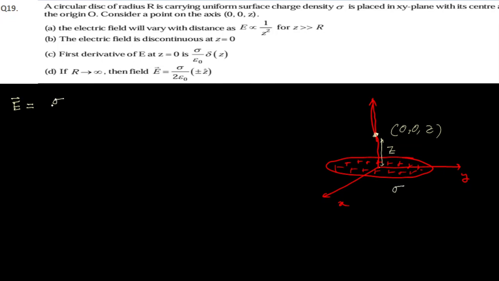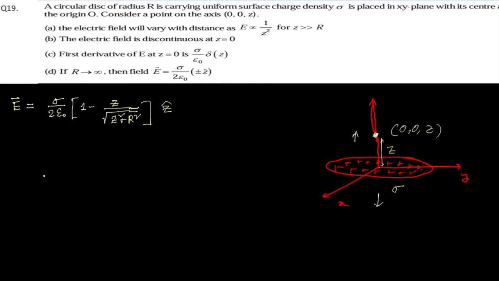In the last class we have already calculated this electric field. It will be sigma divided by 2 epsilon naught times 1 minus z divided by under root of z square plus r square. If it is above the loop, then it will be plus z cap; if it is below the loop, then it will be minus z cap.